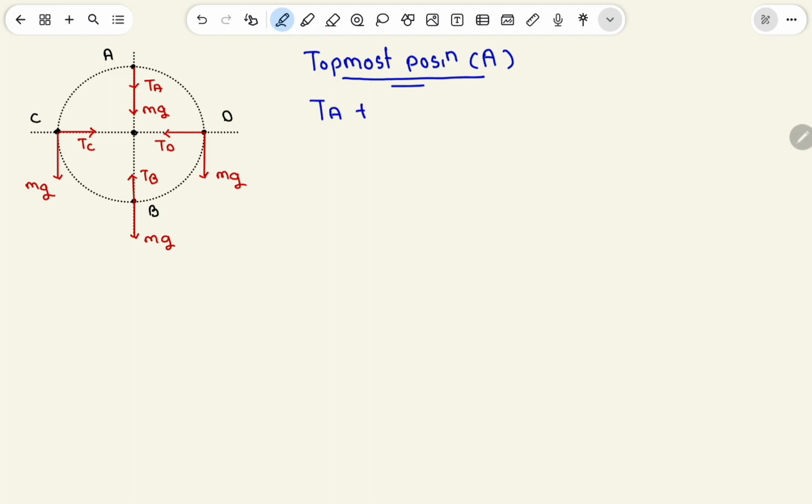So we can write TA plus mg is equal to m VA square upon r, where r is the radius of the vertical circle.